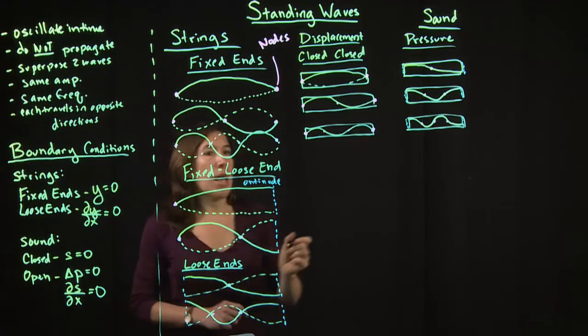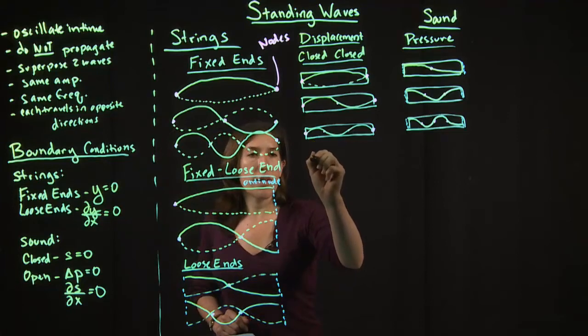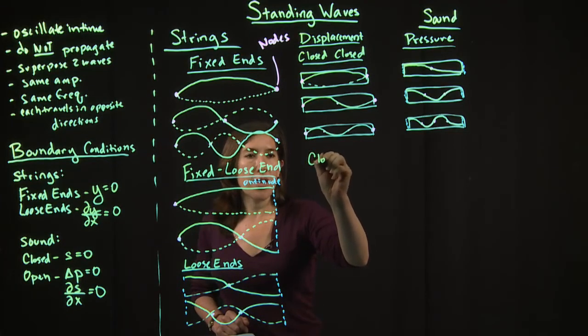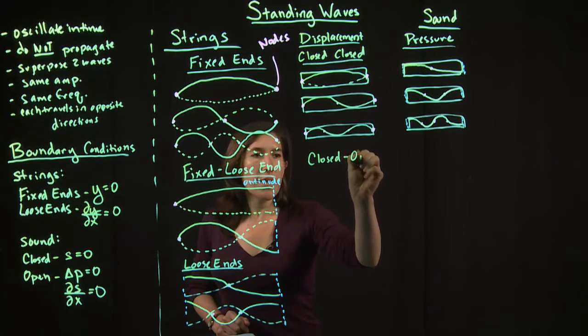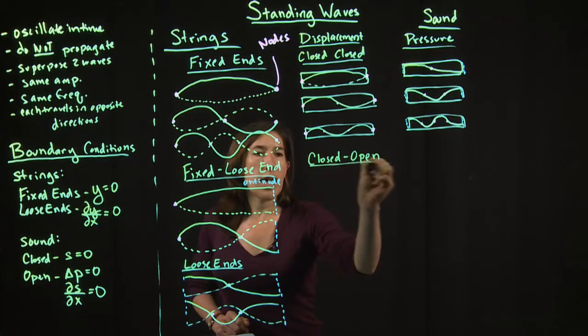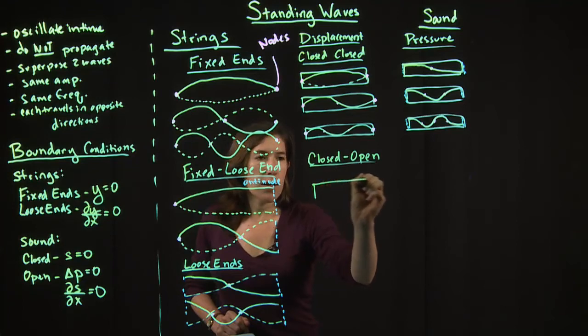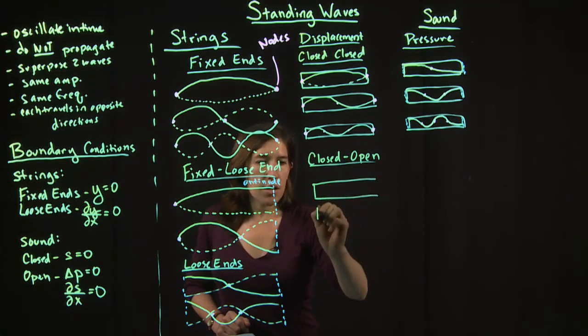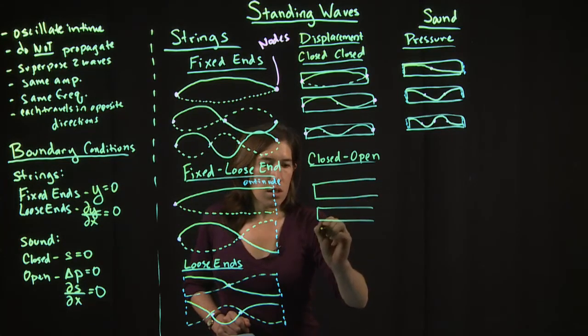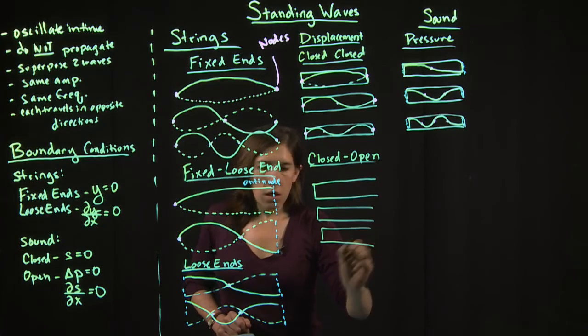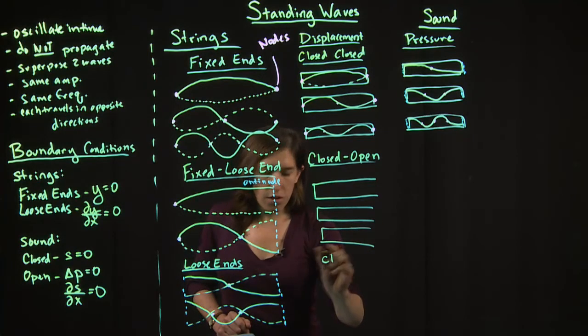So what I'm going to do now is draw all of the various boundary conditions. So we can have closed, open. What that is is a pipe like this. Or we could have open, open.